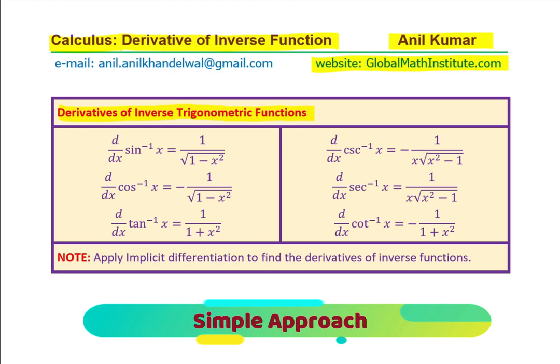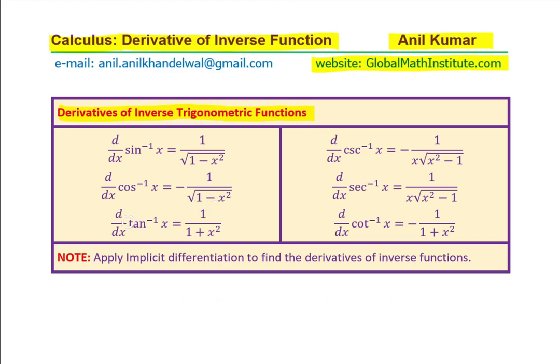First one, d/dx of sine inverse x is 1 over square root of 1 minus x square. d/dx of cos inverse x is minus 1 over square root of 1 minus x square. d/dx of tan inverse x equals 1 over 1 plus x square. d/dx of cosecant inverse x is minus 1 over x square root of x square minus 1. d/dx of secant inverse x is 1 over x times square root of x square minus 1. And d/dx of cotangent inverse x is minus 1 over 1 plus x square.